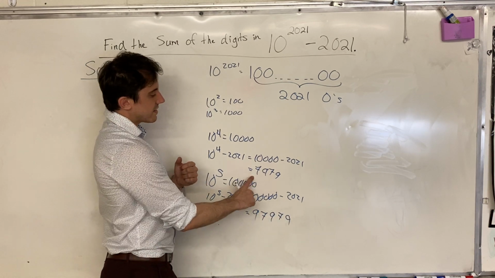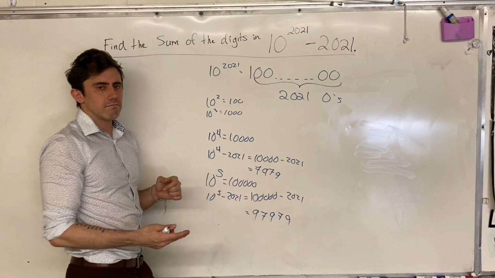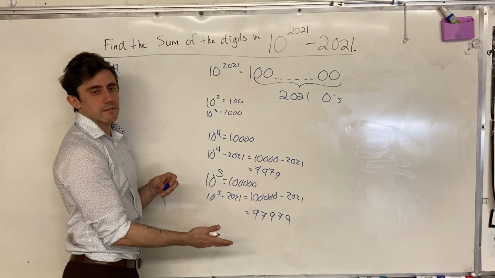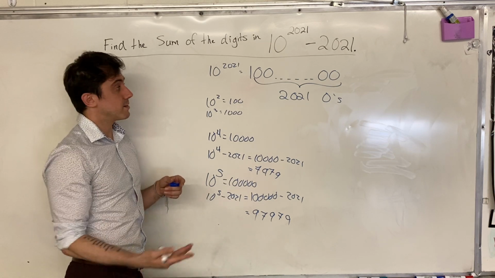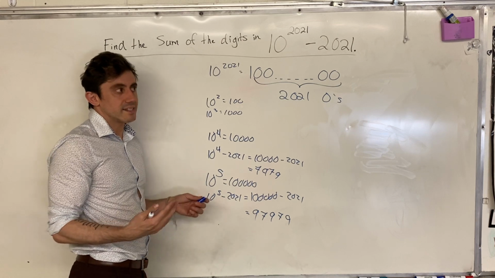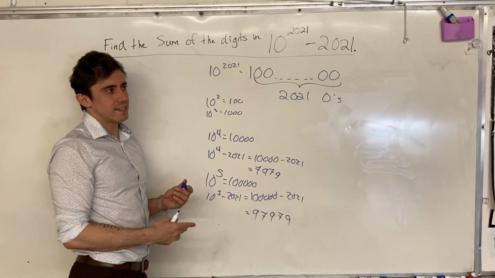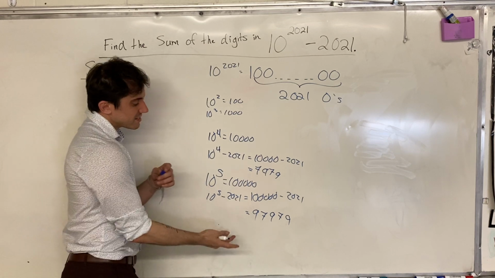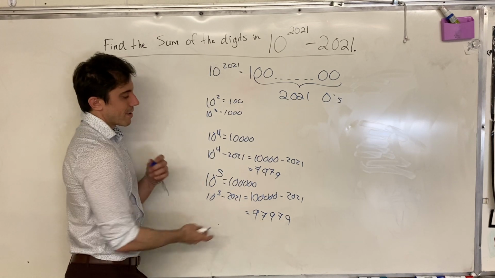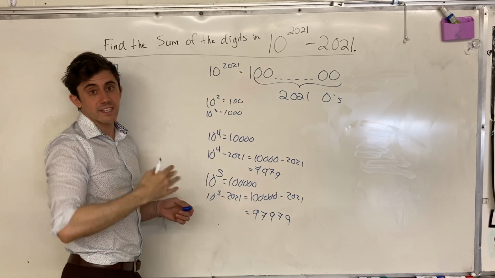Okay, so we had 7979, now we have 97979. It still may be tricky to extend the pattern, right? Oftentimes this is really a test in some sense of our pattern recognition skills. The tricky thing is, what pattern are we really looking for? In this case, it seems to be clear that we're looking for the pattern of how the end digits of our value are going to be laid out, okay?